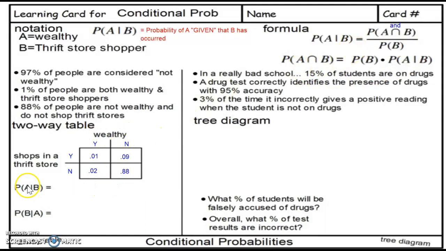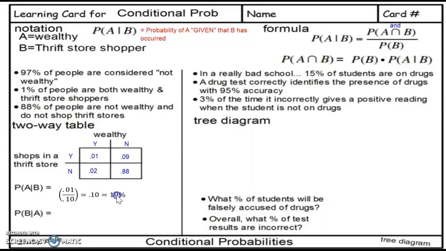So let's take a look at these two probabilities down here in the corner. Looking at the probability of A given B, that means we want to say what is the probability of being wealthy given that they are a thrift store shopper. Again, the probability of being wealthy given that they are a thrift store shopper. Well, I'm going to use the formula here. That would be the probability of being wealthy and being a thrift store shopper divided by the probability of being just a thrift store shopper.